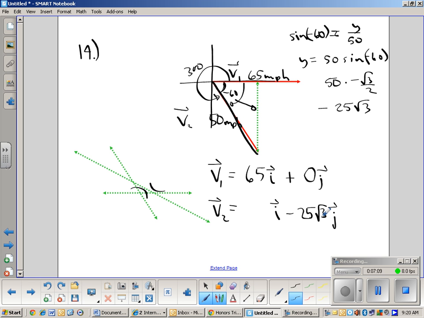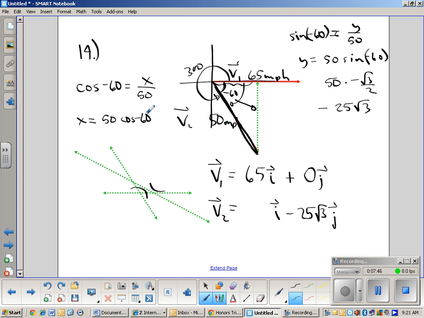The i component is this side right here. So which side is this in relationship to the 60 degrees? It's adjacent. And so that is cosine. So cosine of negative 60 is equal to x over 50. So x is equal to 50 times cosine negative 60.